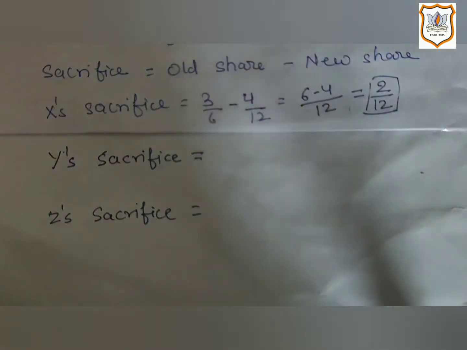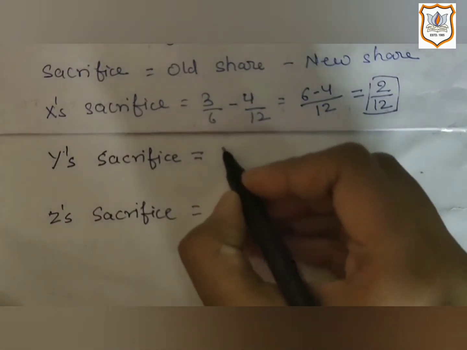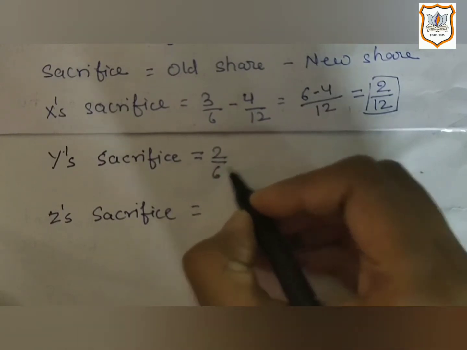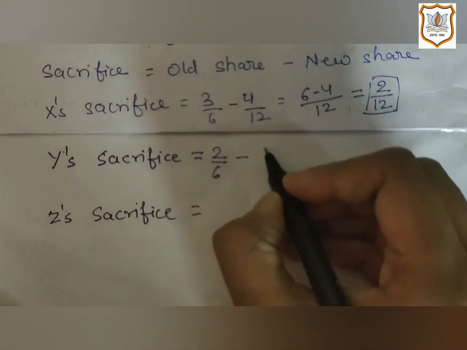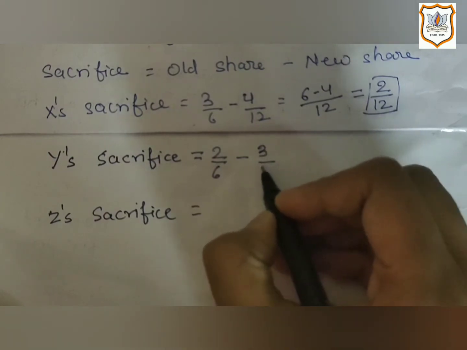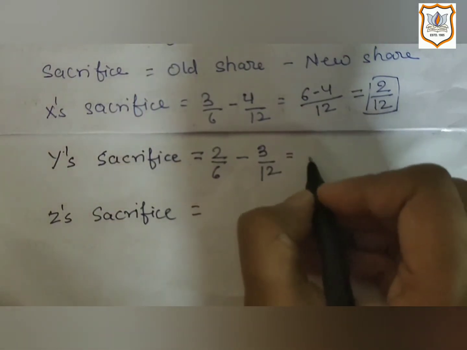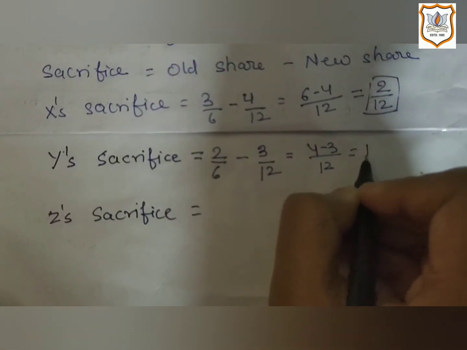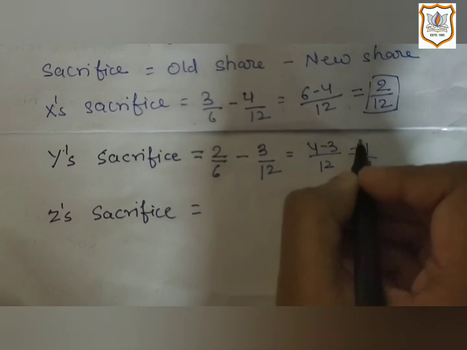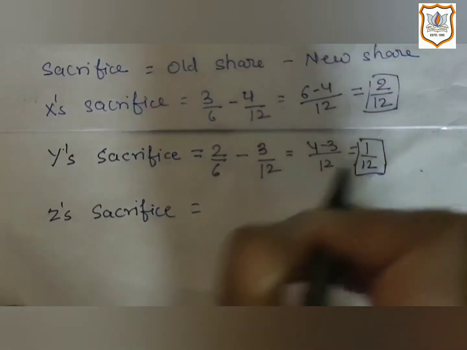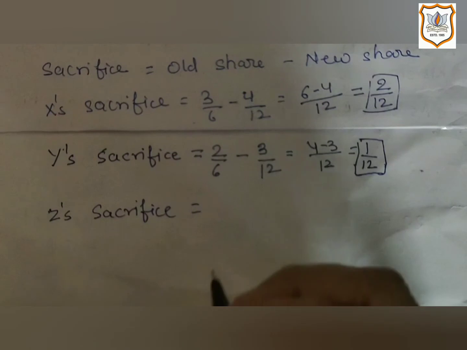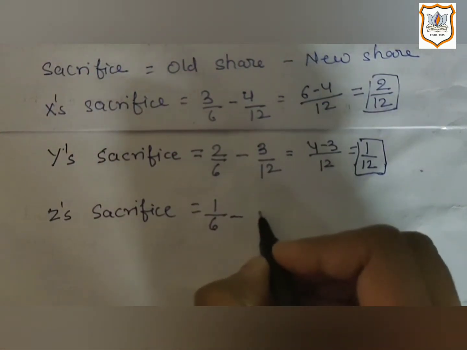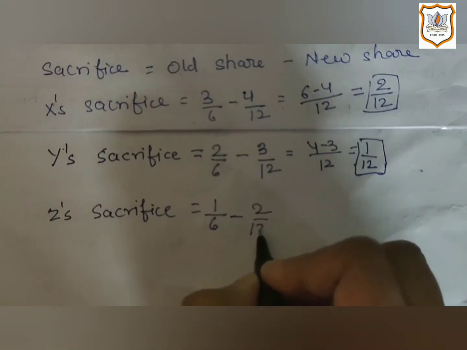Similarly, we will find out Y's sacrifice. Here Y's old share was 2/6 minus his new share 3/12. So if we solve it, we will get 1/12. Now let's calculate Z's sacrifice. His old share was 1/6 minus his new share 2/12.